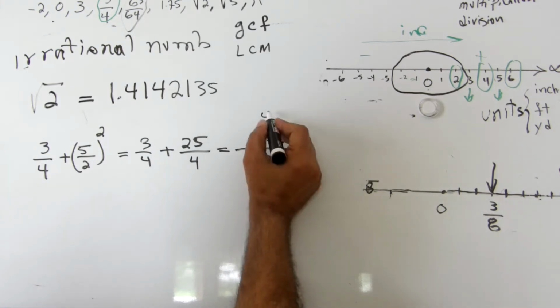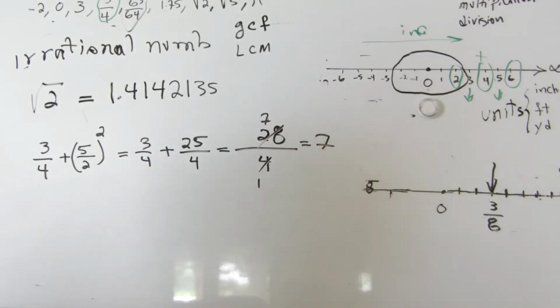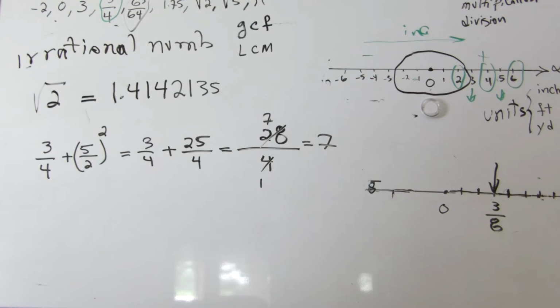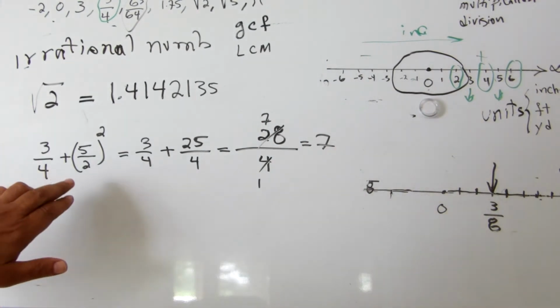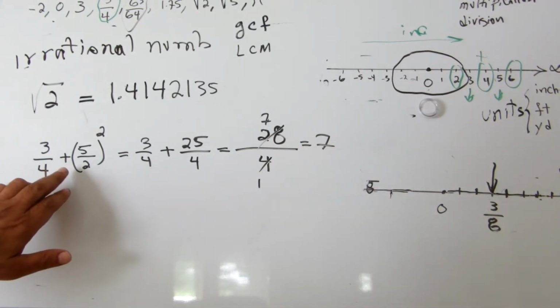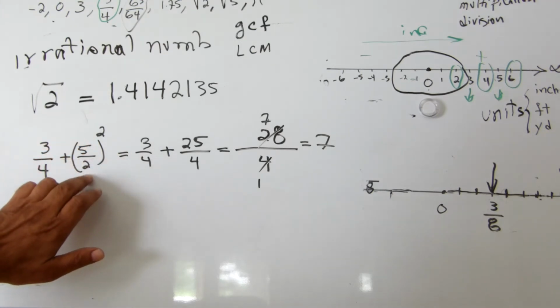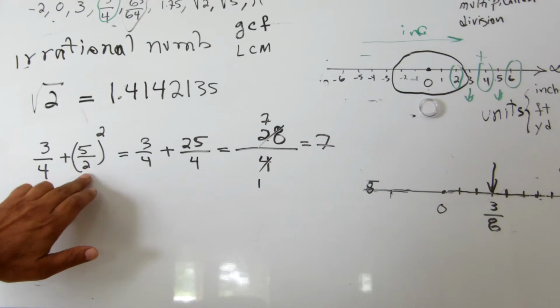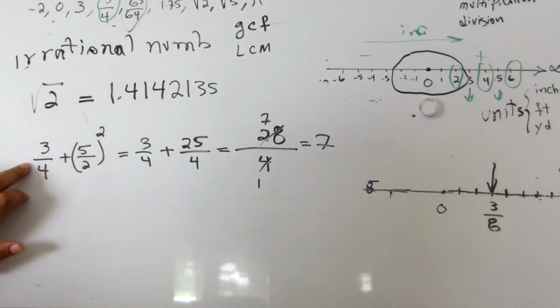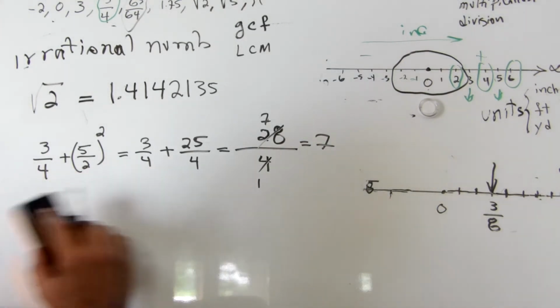The result is going to be 7. So I just want to let you know that for this one you have to get the answer for the parentheses and then add it to 3 over 4.